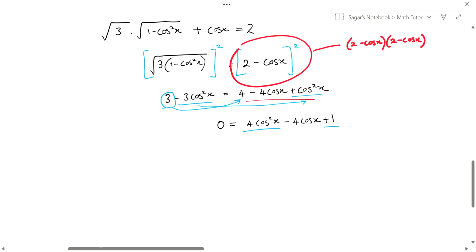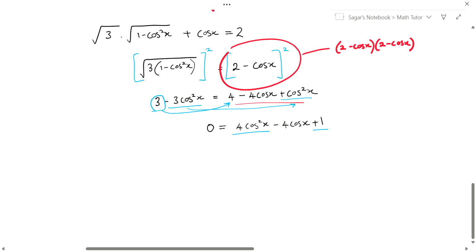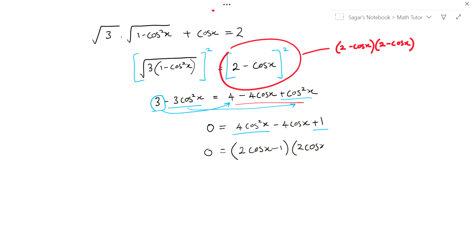Now let us factorize. We can use the AC method or we can use our calculator. In this case, because the question is so long and I don't think they will give us marks for the AC method, let's just put that into our calculator. We've got 2 cos x minus 1 and 2 cos x minus 1.